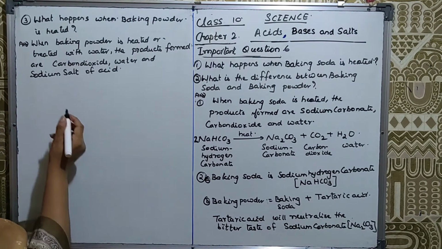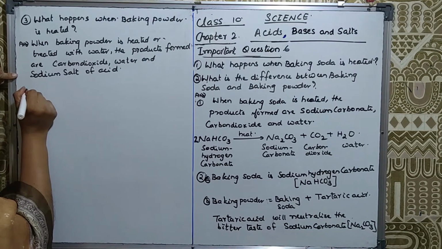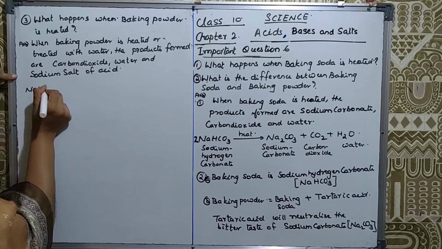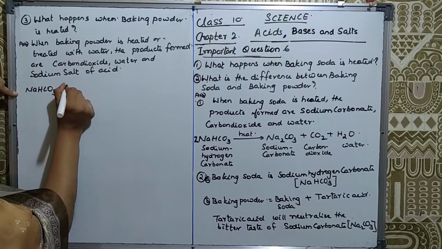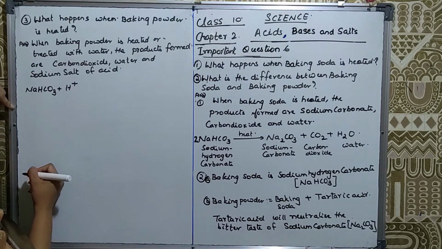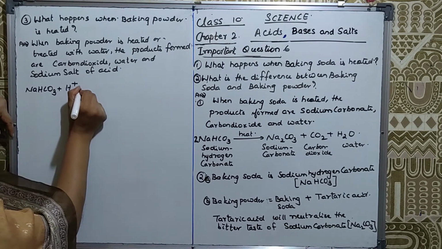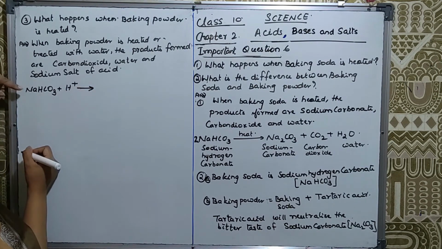So here we'll write sodium hydrogen carbonate, that is baking soda, with tartaric acid. Tartaric acid is H plus only, so we are writing H plus; we will write it in general for any acid.